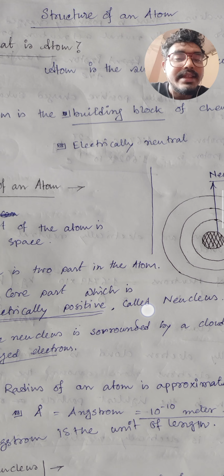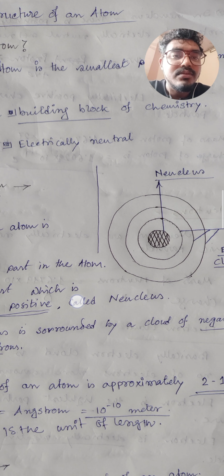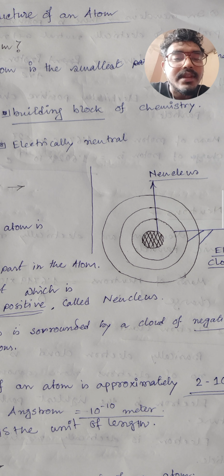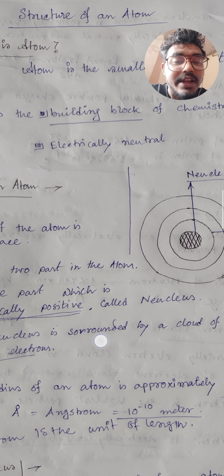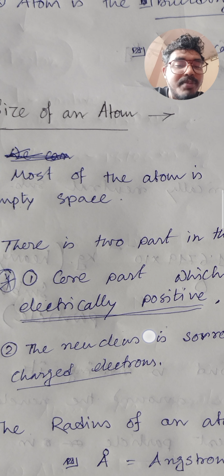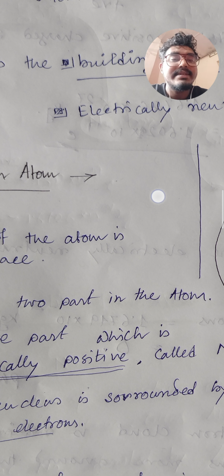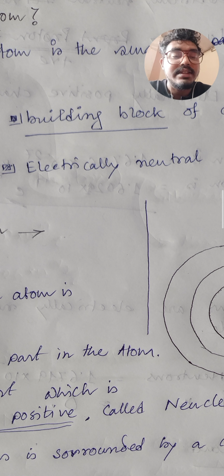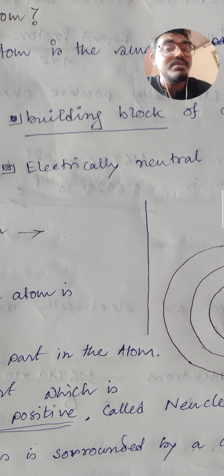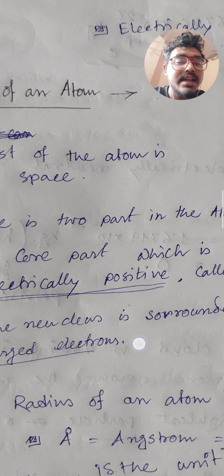There are two parts of the atom. One part is the nucleus, the core part, which is electrically positive. Previously I said that the atom is electrically neutral, but here I say the core part is electrically positive.